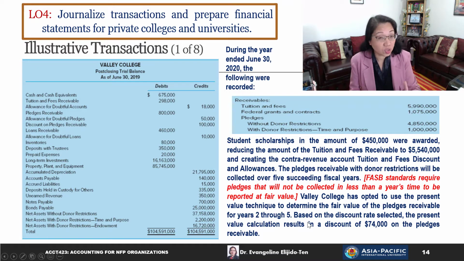So, we need to know the discount rate if we are to use the present value calculations. The discount rate selected is not stated here, but what they have told us is already the discount, so there's no need to calculate. The discount shown here is $74,000 on the pledges receivable.